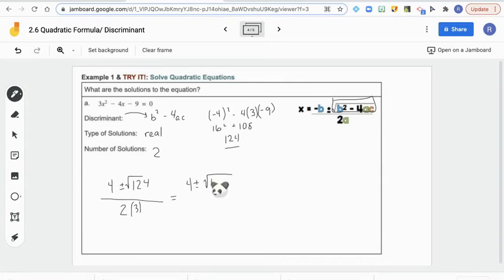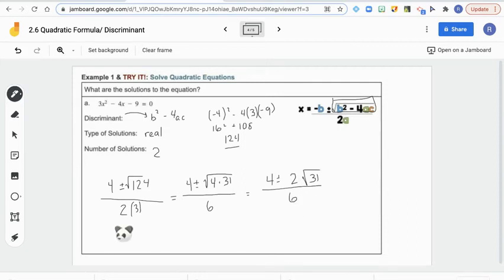So I'm going to simplify this as 4 times 31. So if I go another step, I have 4 plus or minus 2 times the square root of 31. 31 is a prime number, so I can't break it down anymore.